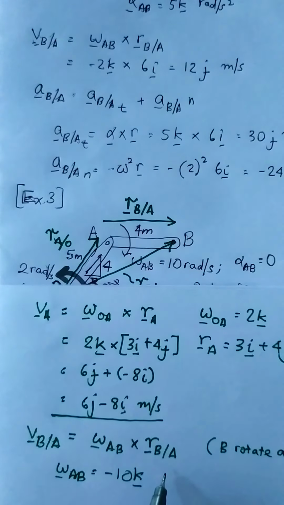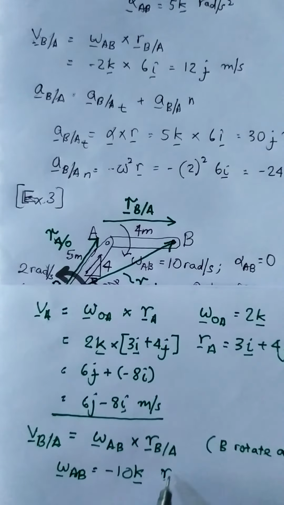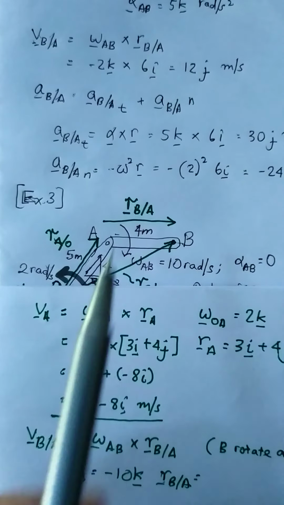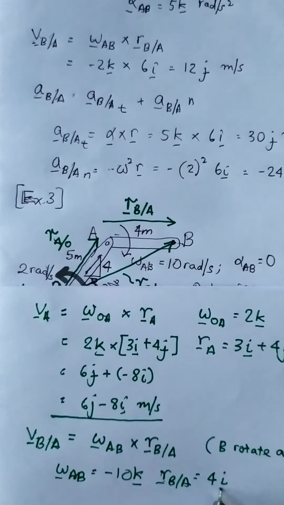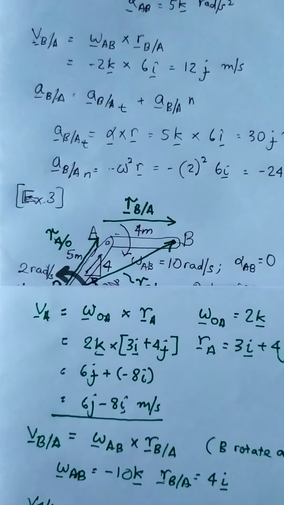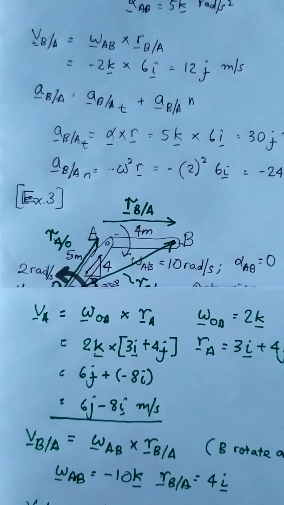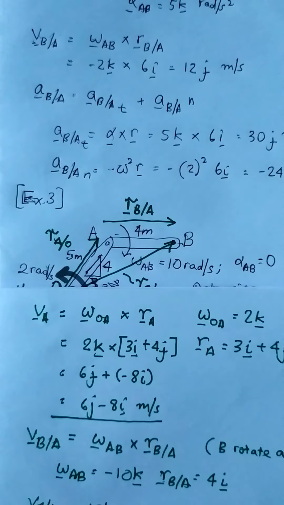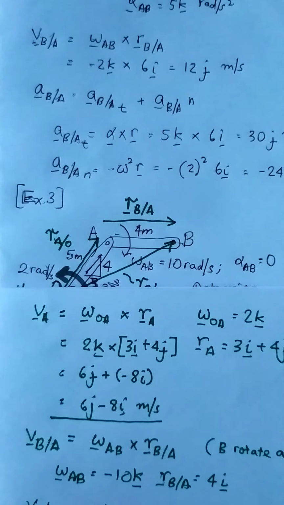And then what is position vector B relative to A? It is 4 meter to the right, so it's 4i. So we can find the velocity of B relative to A equals minus 10k cross 4i. K cross i is j, so we have minus 40j meter per second.